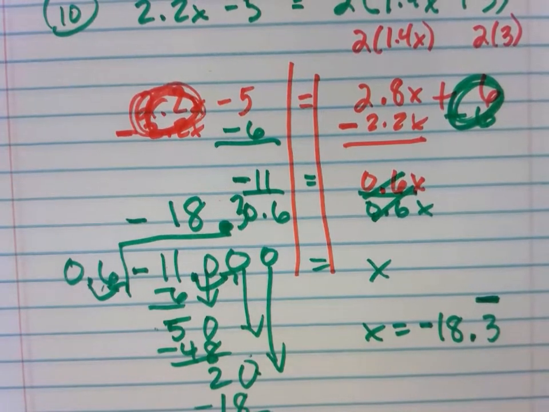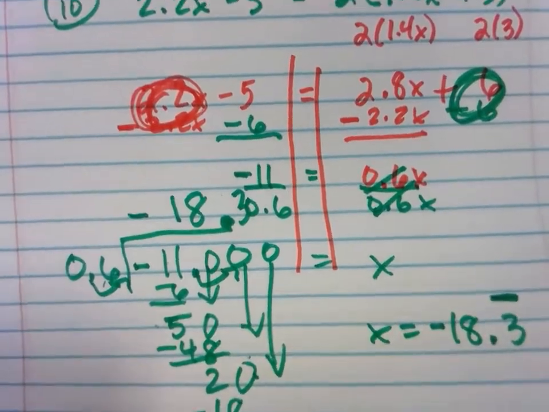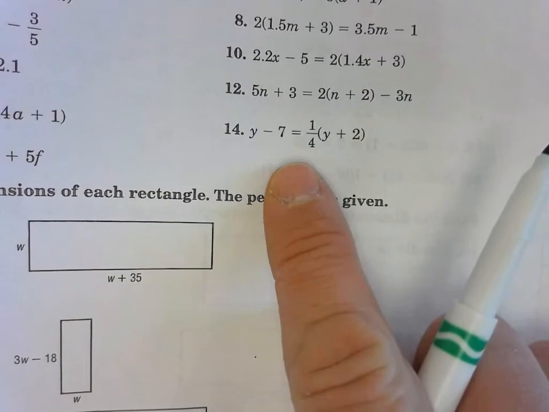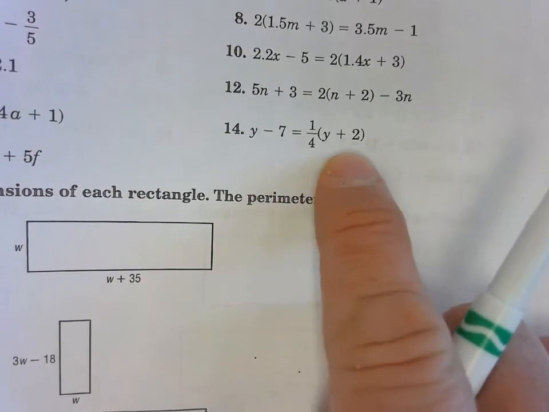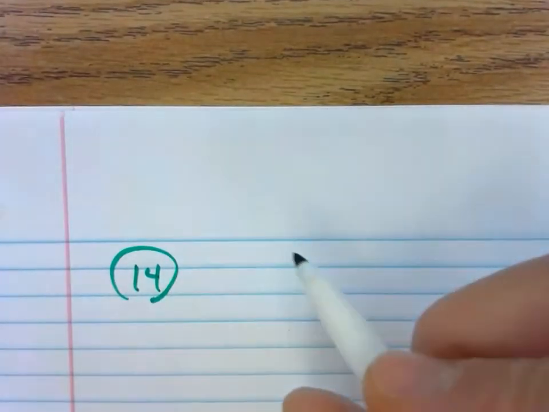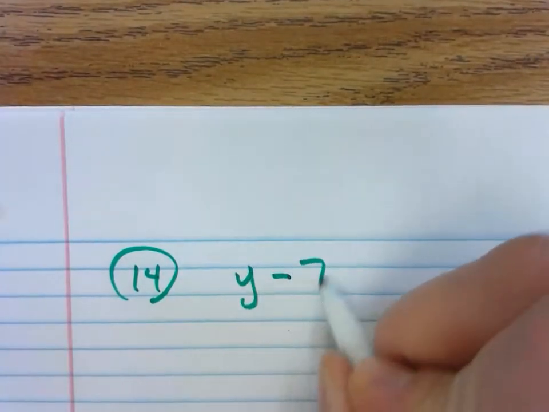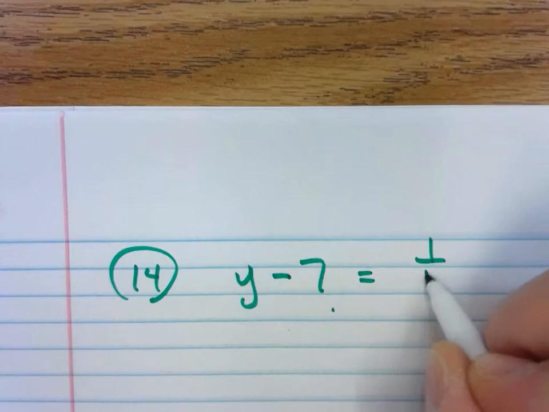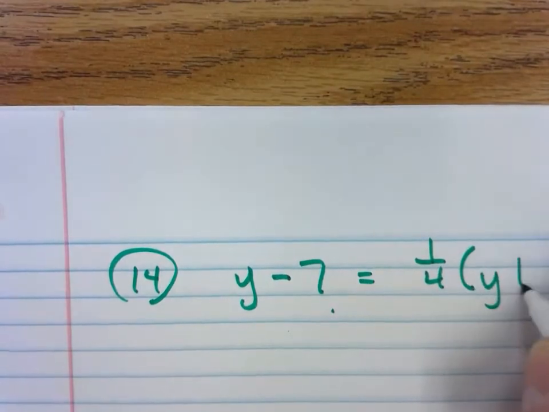All right, let's take another one down here. Let's take the one that's got the fraction in it. Let's take a look at that one right there. Number 14's got a little fraction. That ought to get you fired up. Let's see, that would be y minus 7 equals 1/4 y plus 2.